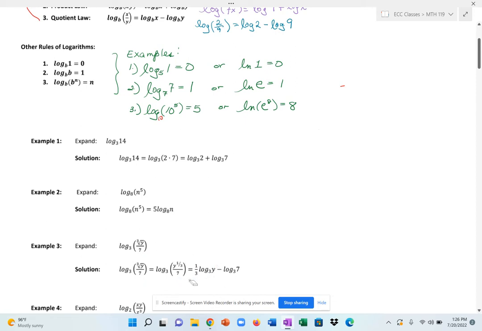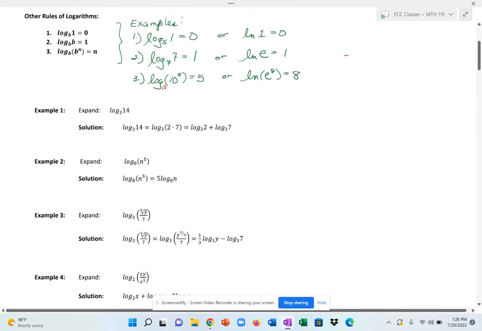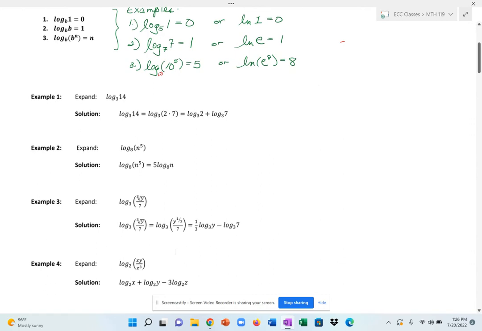So oftentimes you will be using one or more of the laws when you are expanding. And so this is an example of where I will be using all three laws. I have to use product law in my numerator for the x and the y. I have to use my power law because of the exponent associated with the z, and my quotient law because I have z cubed being divided by xy.